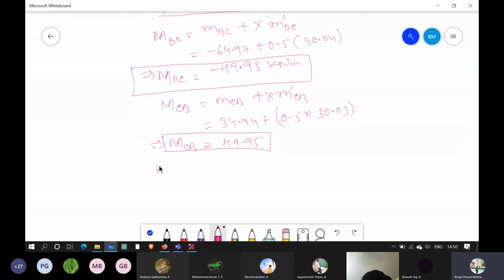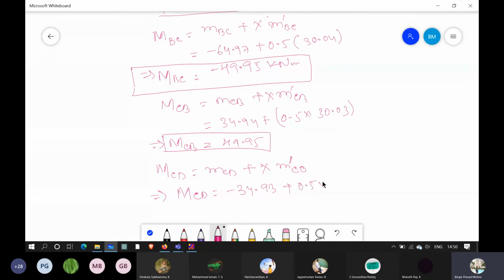Similarly, just like MCB, MCD equals small MCD plus X into M dash CD. This implies MCD equals minus 34.93 plus 0.5 into minus 30.03.